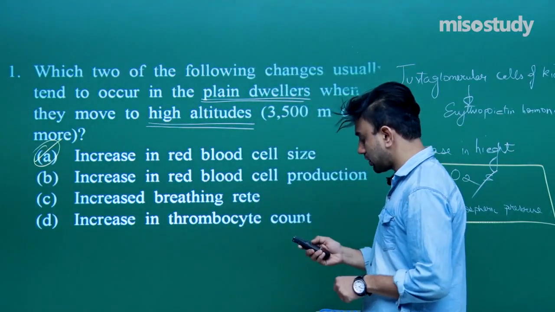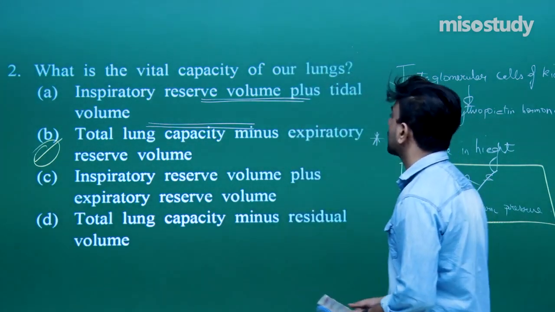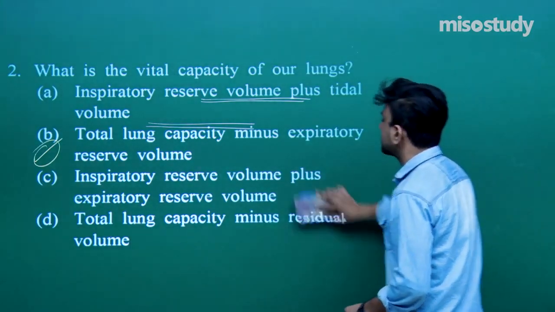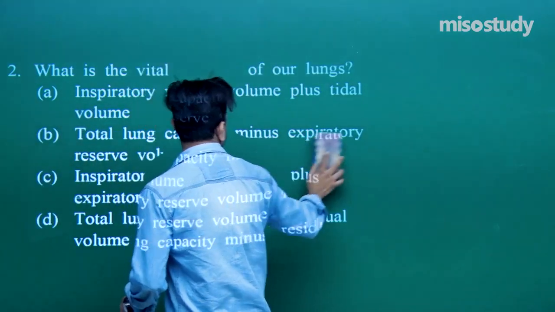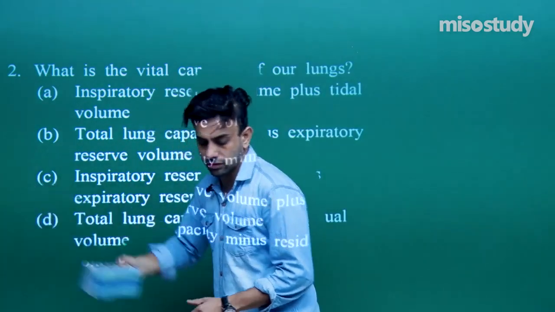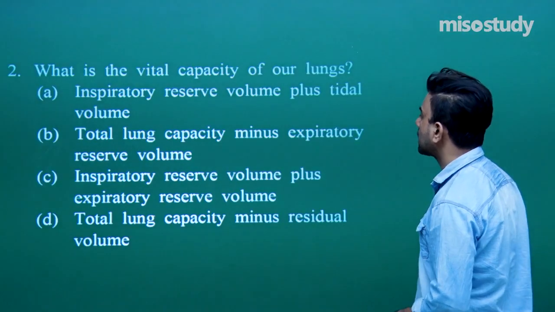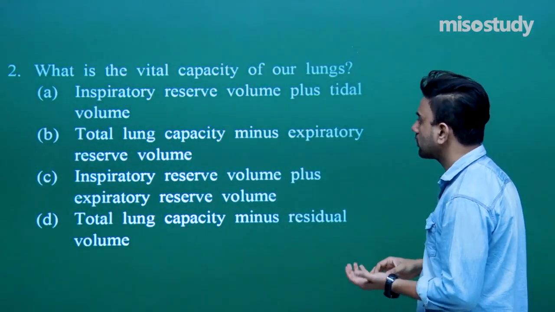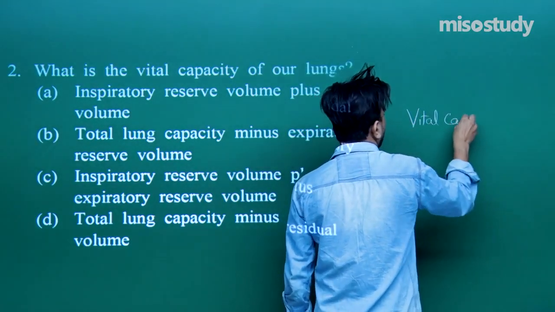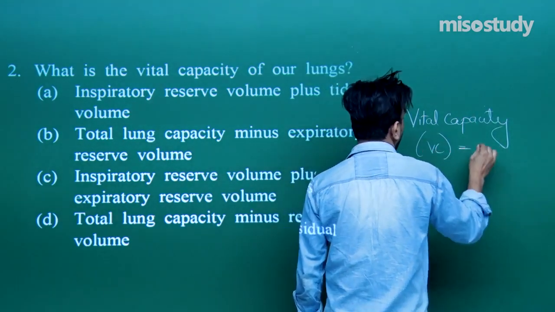We will now go on to the next question: what is the vital capacity of our lungs? So first of all, the vital capacity, that is VC, is equal to what?